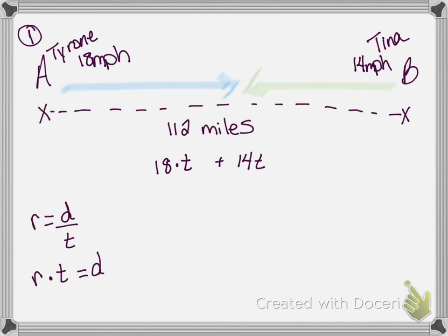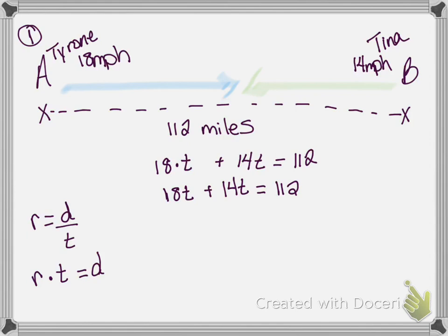And added together, they are going to travel 112 miles. So the equation that we're working with is 18t, and that distance right there is Tyrone's distance, because rate times time is equal to distance. 14t is how far Tina has traveled, and together they are traveling 112 miles.